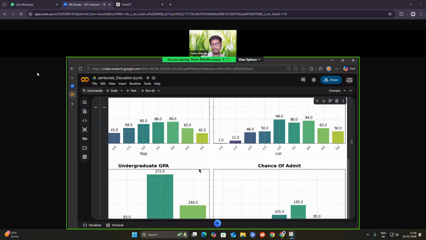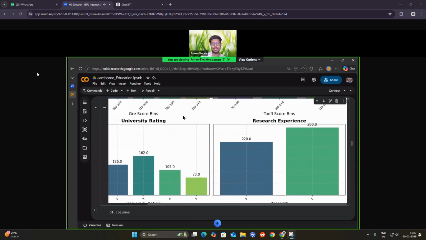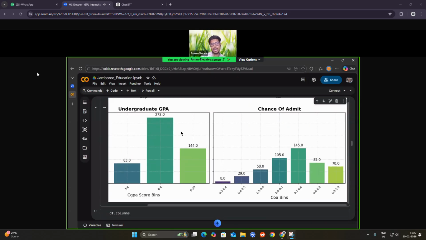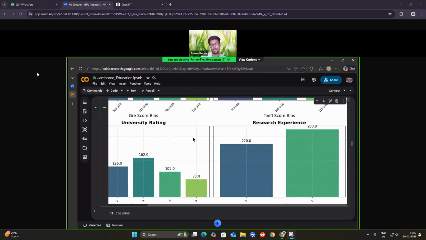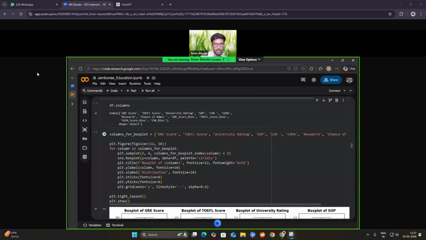GPA can decide. So these are the top three variables that will basically decide our score: GRE, TOEFL, and GPA. University rating as well.